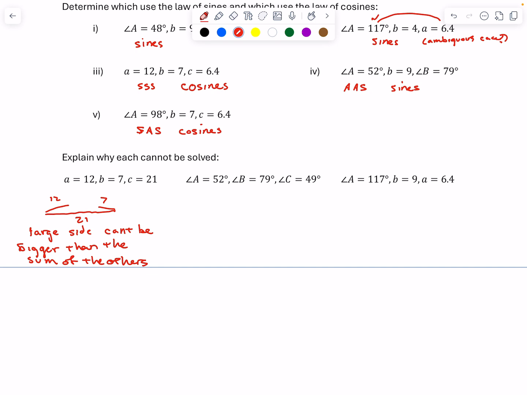Okay, what's wrong with the next one? Angle, angle, angle. If there's no sides, we don't know how big it is. Okay, what about this one? This one, the problem is angle A is the largest, because you can't have anything else bigger than 90 degrees in a triangle.